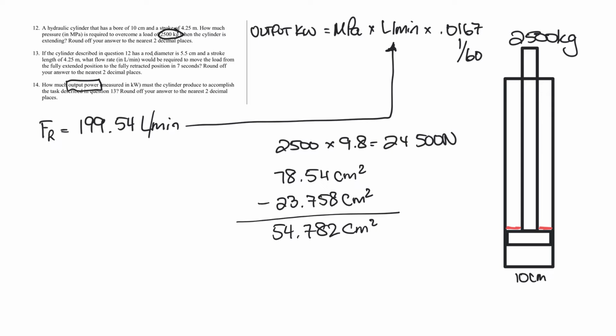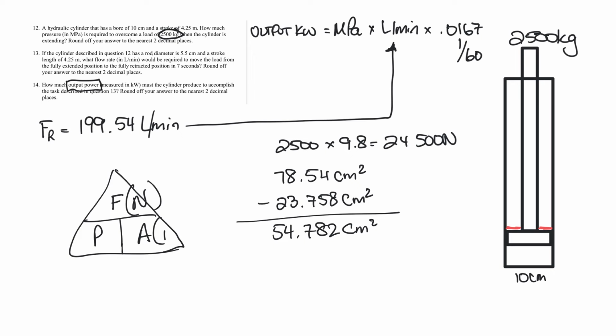But remember, centimeters squared are not the target we're trying to get to, because remember Pascal's law, when we're going to use our force, oh, I got a little better triangle than the last one, force, pressure, area, our force was going to be in newtons, and our area needed to be in meters squared. So centimeters squared to meters squared, we need to do a conversion.